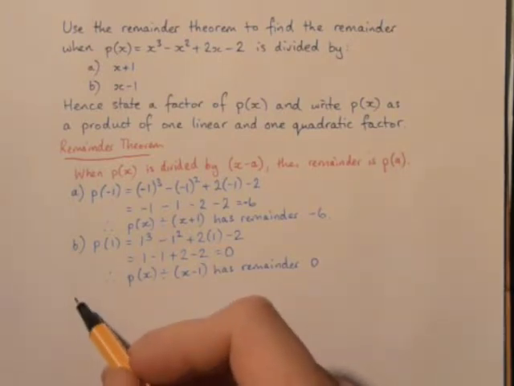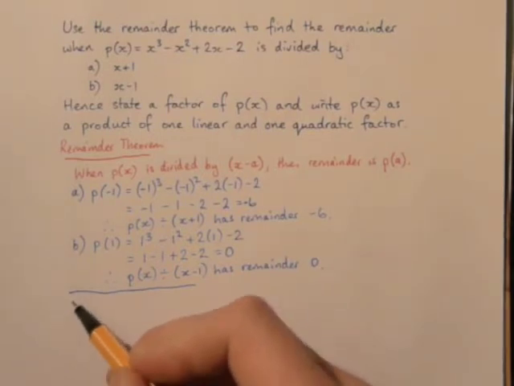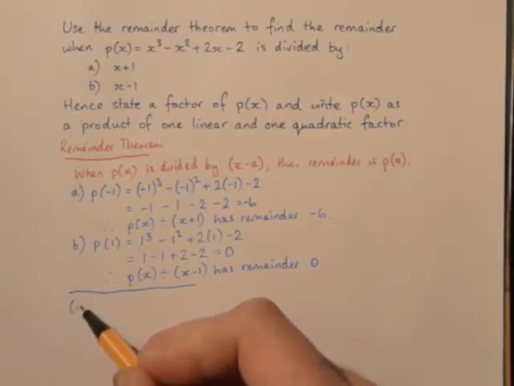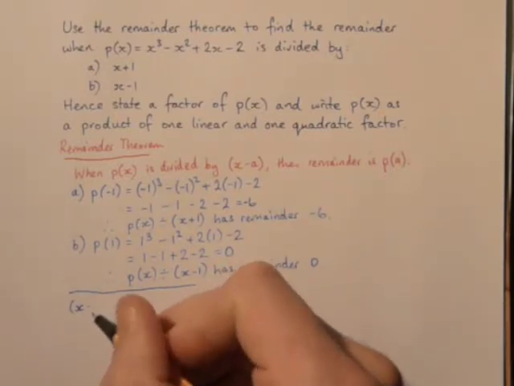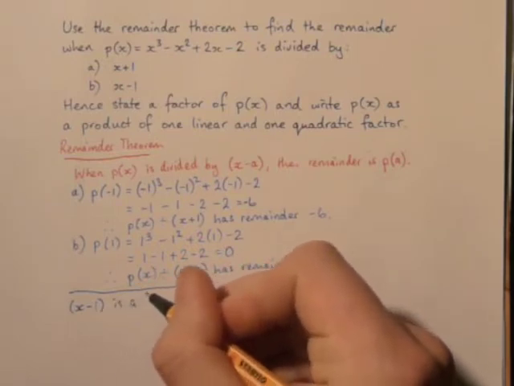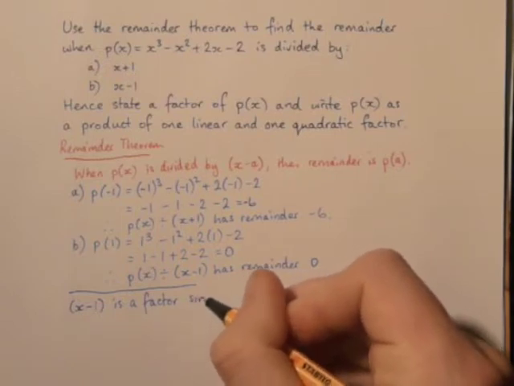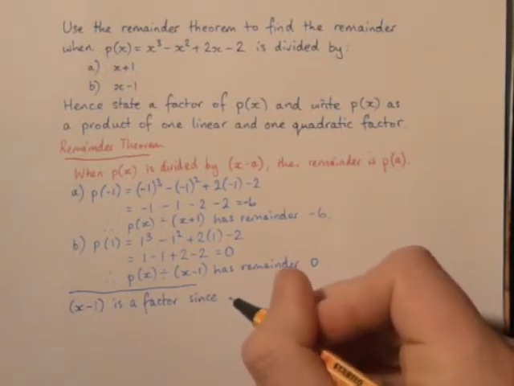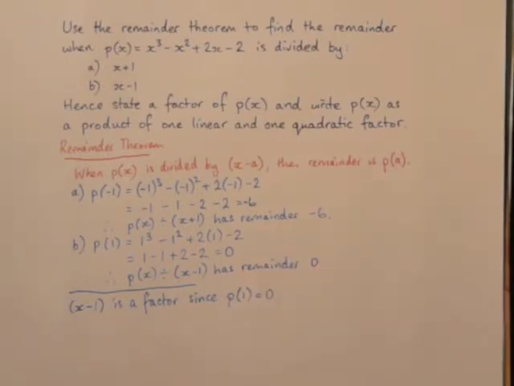So we can say that x minus 1 is a factor since p of 1 equals 0. So that's now using the factor theorem, which is a special case of the remainder theorem.